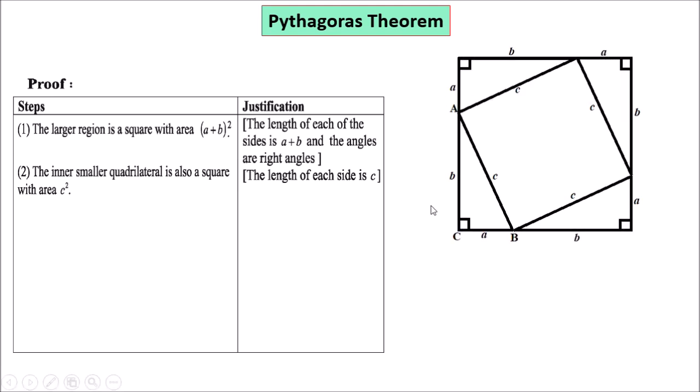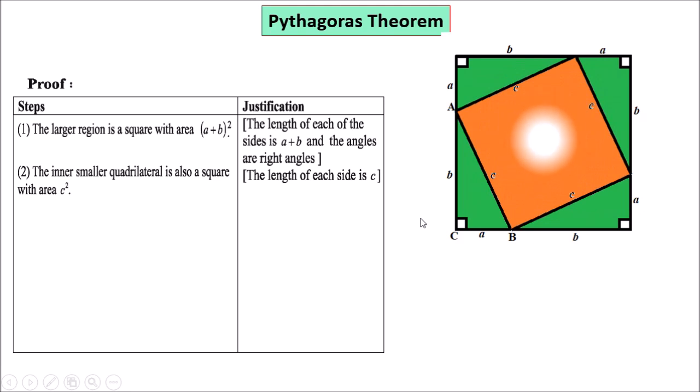Now again the box is here. You can see here, look at it. 1, 2, 3, 4. Four right angle triangles, right? Each one has a right angle. And a square inside, the inner small square, right?